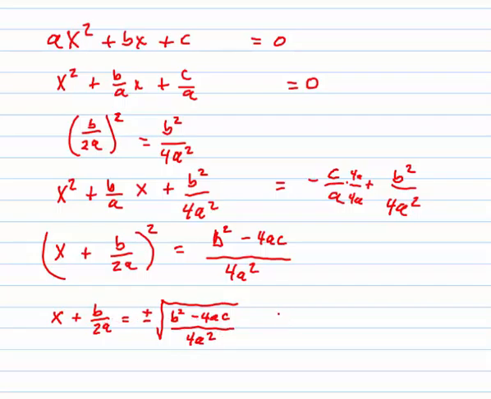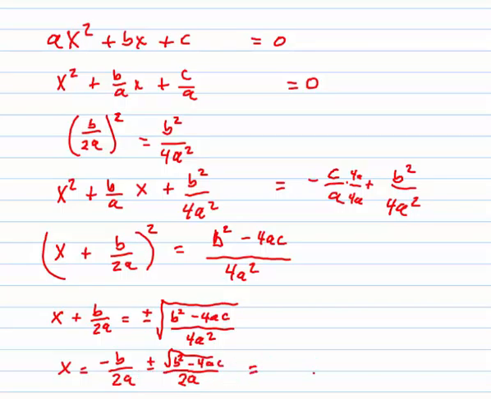Now we subtract the b over 2a over here, and we get x is equal to negative b over 2a plus or minus, well, the square root of 4a squared is just 2a, and on top we have b squared minus 4ac.